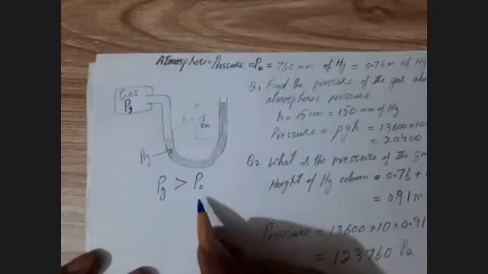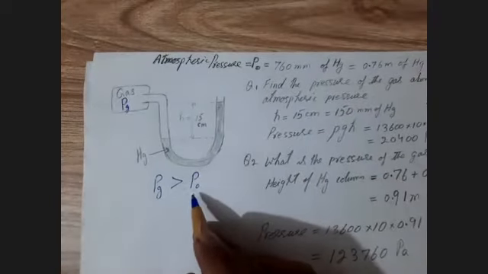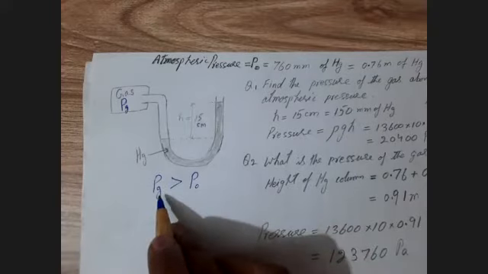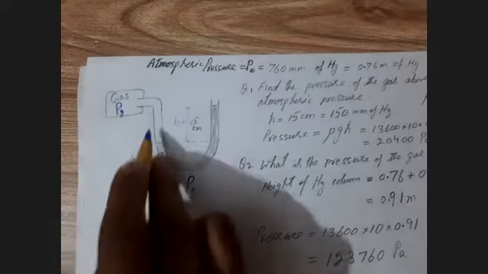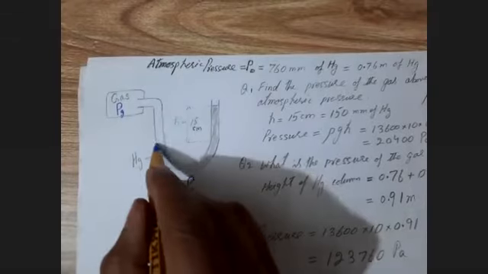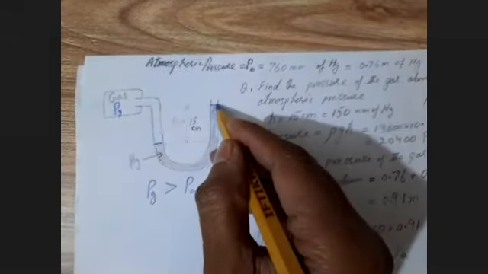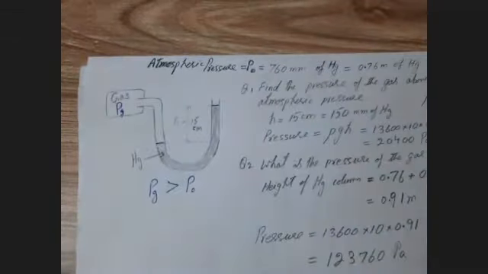As I told you, P naught I am taking as atmospheric pressure. If this pressure is greater than the atmospheric pressure, then obviously this end will be at the lower level and this end of the manometer will be at the upper level.